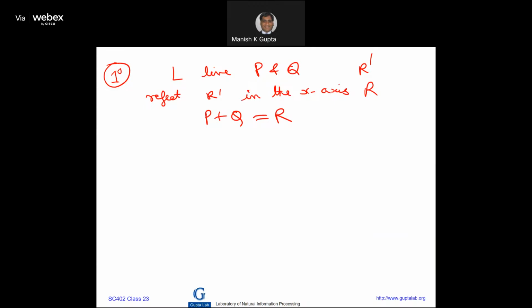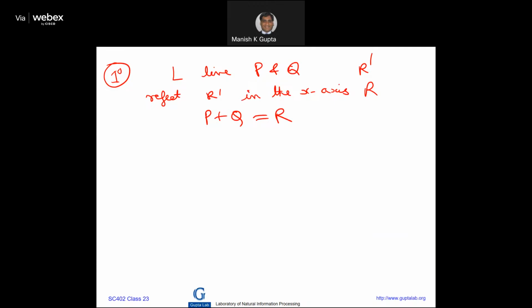Can you tell me now how you find this formula? P is x1 comma y1, Q is x2 comma y2. You call R x3 comma y3 or whatever. Can you find the formula in terms of coordinates? You saw the geometric operation, right? P and Q are 2 distinct points on the line, case 1, x1 is not equal to x2.